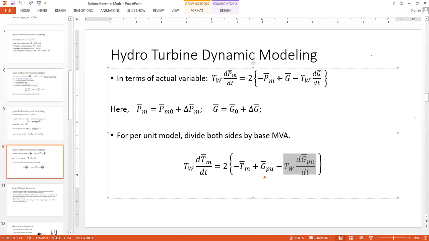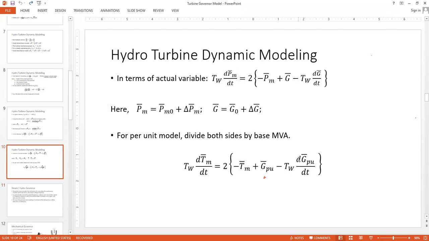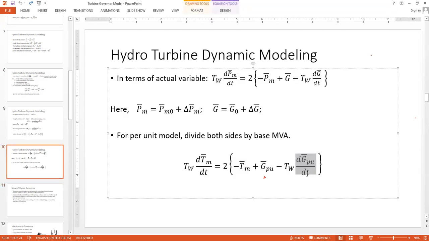And this gate valve position was actually controlling the hydro flow or the water flow to the hydro turbine. So what we said at the beginning of the governor modeling is that we want to get rid of this term, and I said that we want to remove this expression with the help of some equivalent algebraic expression.